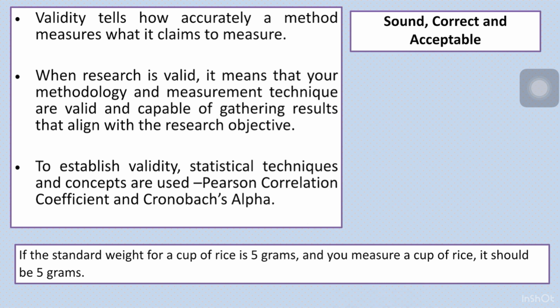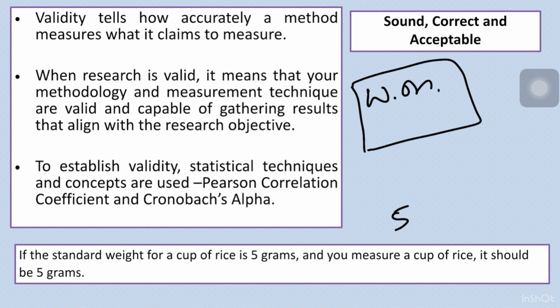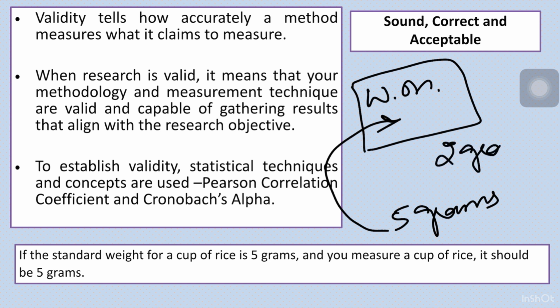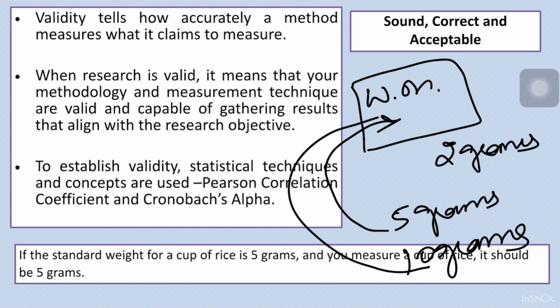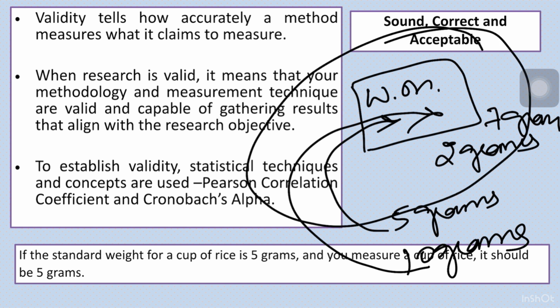Clear? However, if I put 5 grams of rice on the weighing machine and it gives me 2 grams, and next time I put 10 grams of rice on it and it gives me 7 grams, this means my weighing machine is not valid.